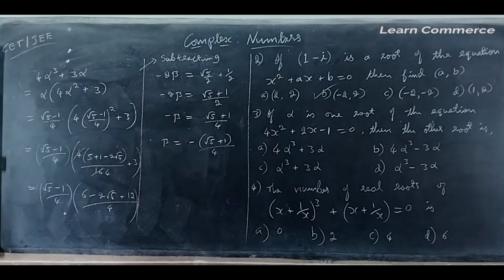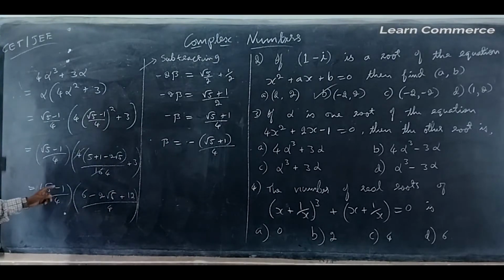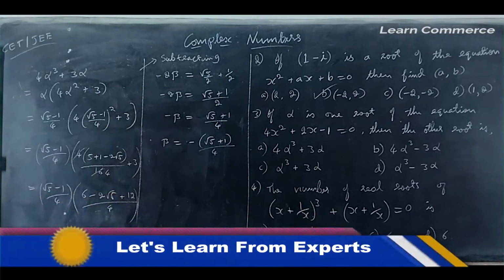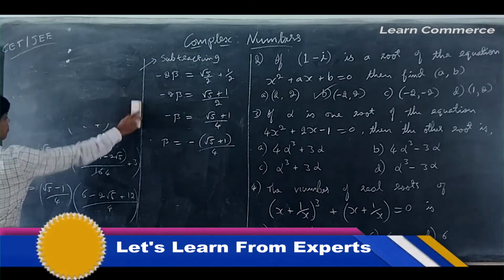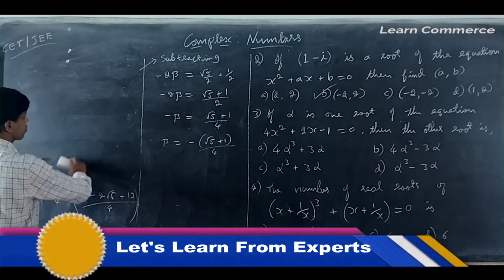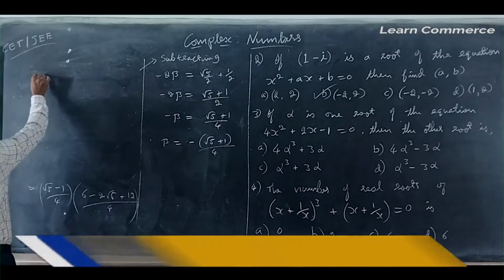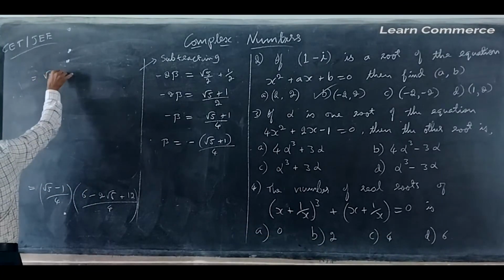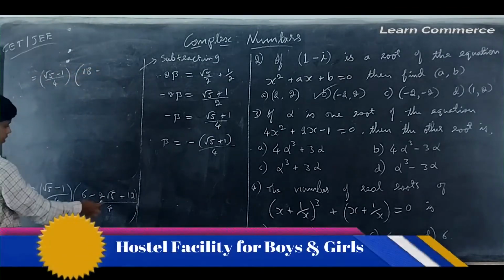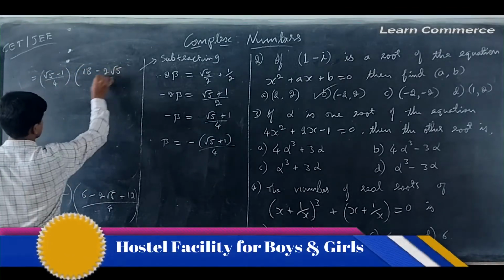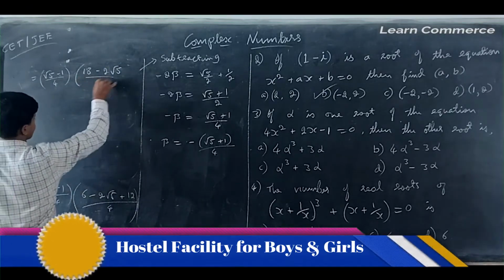Yes. So now what we can do is 6 plus 12 is 18. Yes, I'll write it here. So this is 18 and minus 2 root 5 divided by 4.